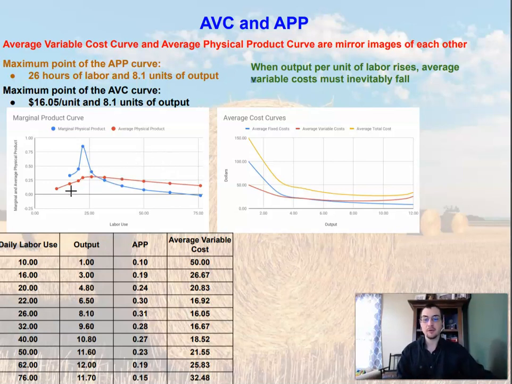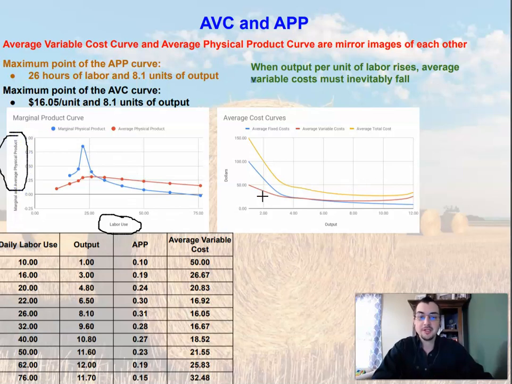The average physical product curve shows us how much output per unit of input, whereas the average variable cost curve shows us what it costs on average per unit of output. They tie together nicely because average variable cost is basically a function of the number of inputs and how much output we get on average per unit of input.